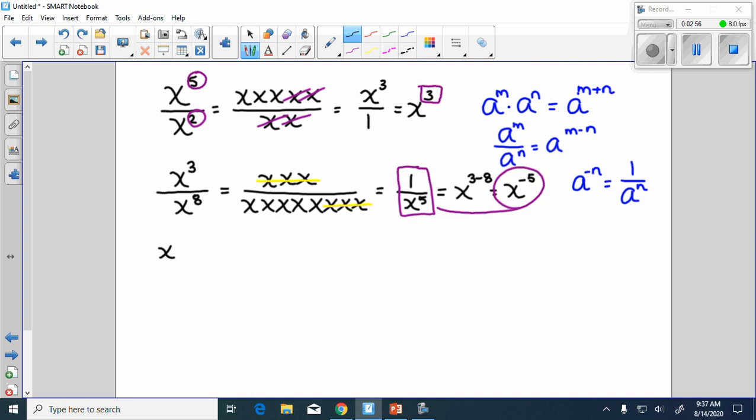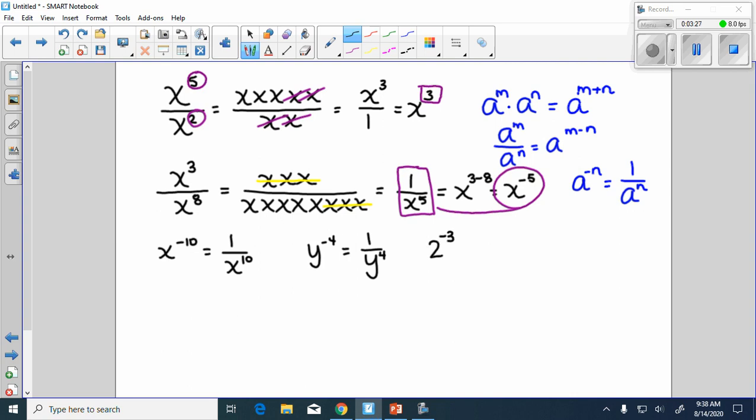If I have x to the negative 10, I can rewrite that as 1 over x to the positive 10. Or y to the negative 4 power is the same thing as 1 over y to the positive 4 power. The negative exponent drops that term to the bottom of the fraction and makes the exponent positive.